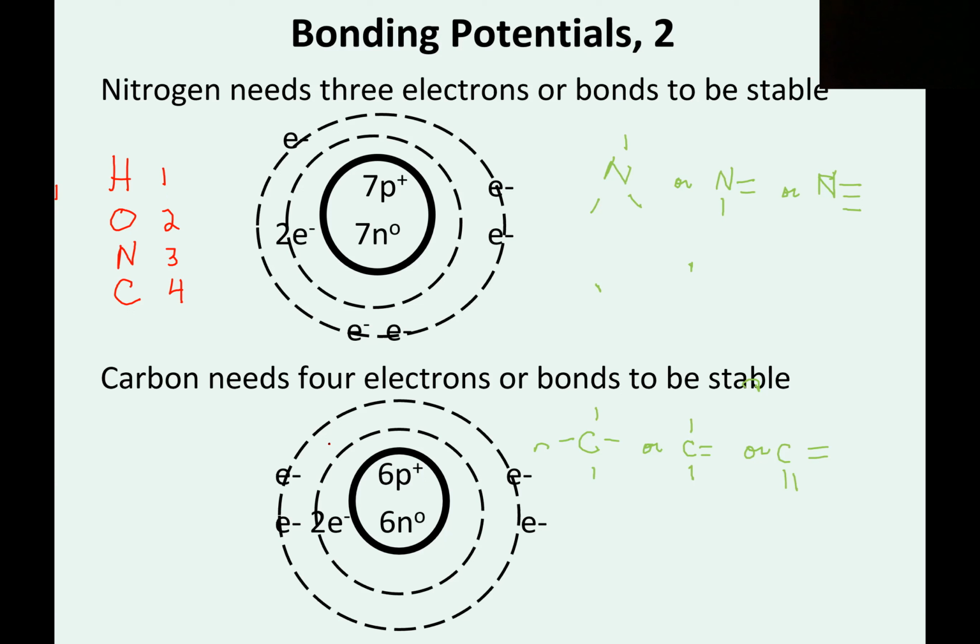So if you're asked to draw the structural formula, you start with carbon because it needs the most bonds. You put hydrogen on last. You can't add elements. You just work with what they've given you. And so you have to manipulate and move things around. So again, you may need double bonds somewhere, you may need triple bonds, but HONC is the shortcut to remember bonding potential for the four most numerous elements in the body.